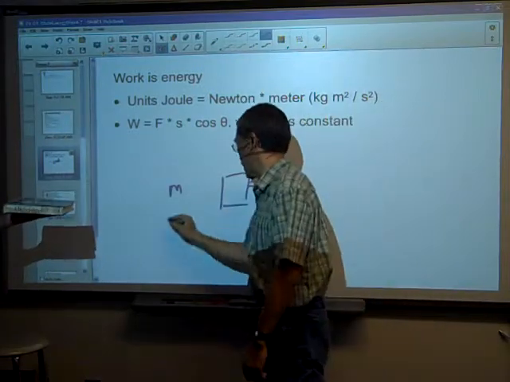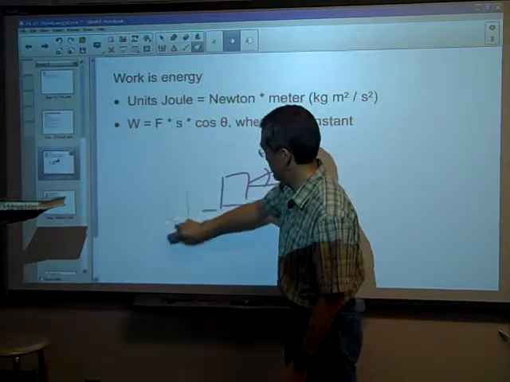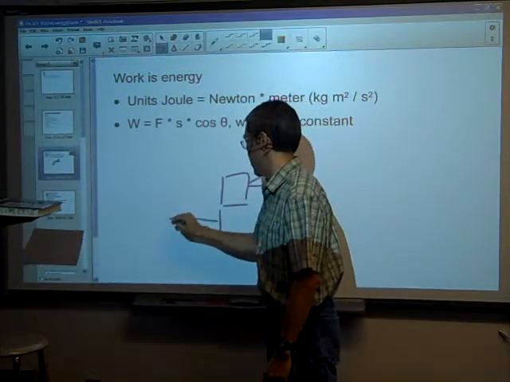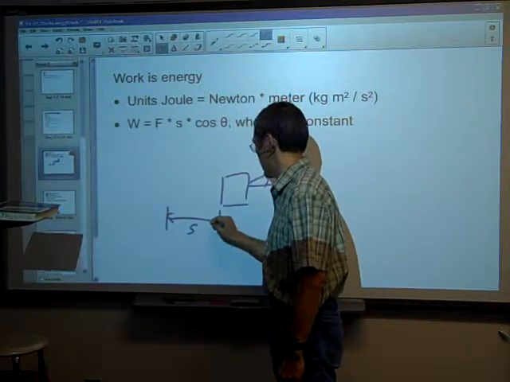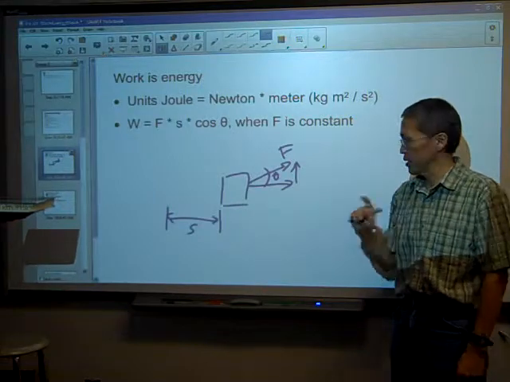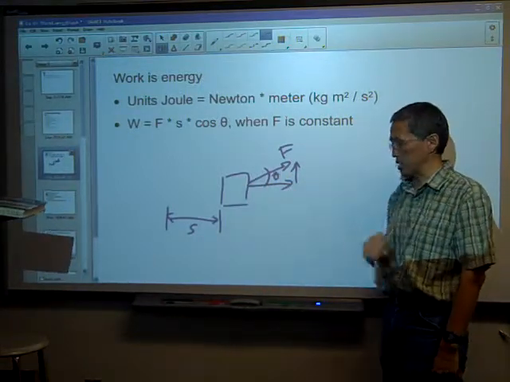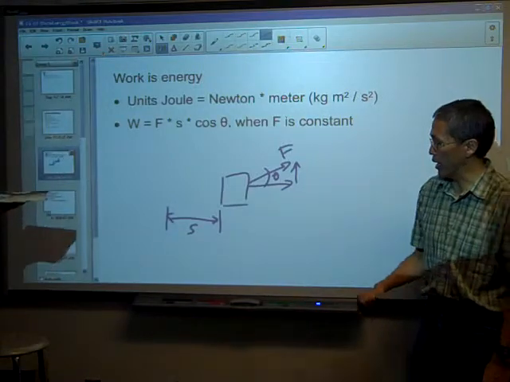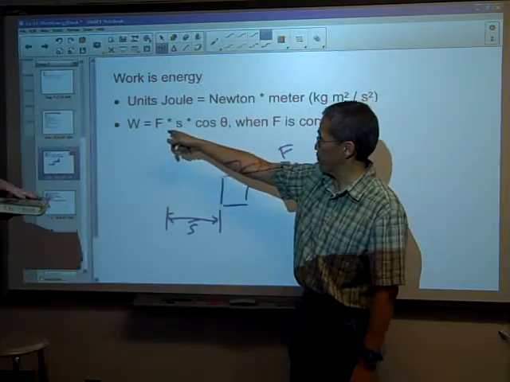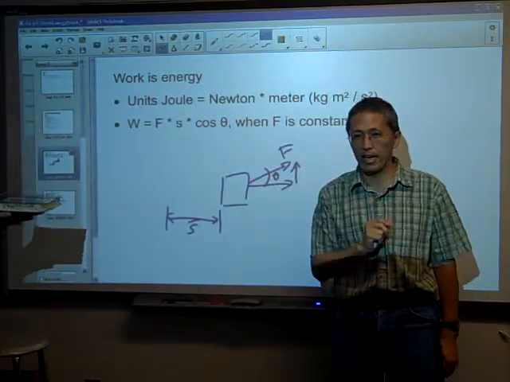Okay, so if I have some displacement s, and I've got some force F, and I've got some angle between them, in other words, it's not just along the same path, then my work will be the force times my displacement times the cosine theta.